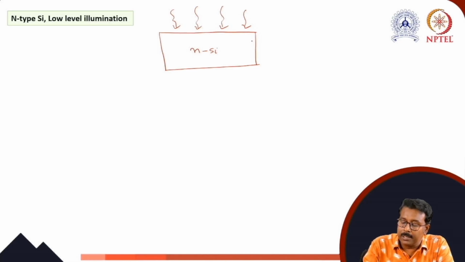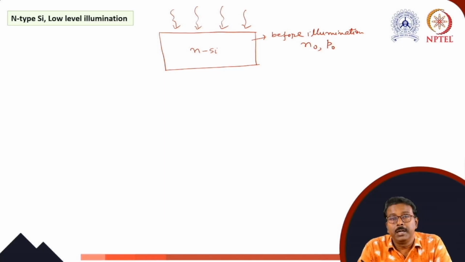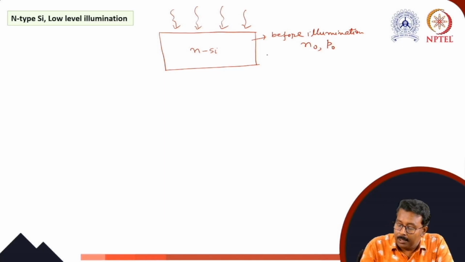So the equilibrium carrier concentration, that is before illumination, N0 and P0 are the concentrations of electrons and holes respectively.